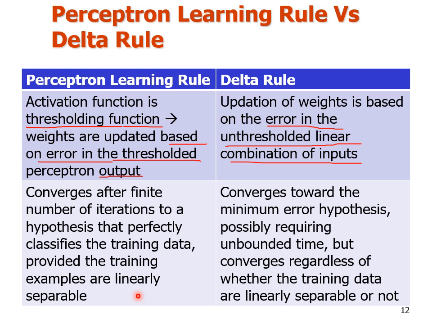The delta rule converges towards the minimum error hypothesis, and it may possibly take unbounded time, but the algorithm converges regardless of whether the training data are linearly separable or not. So these are the major differences between the perceptron learning rule and the delta rule that we have studied.